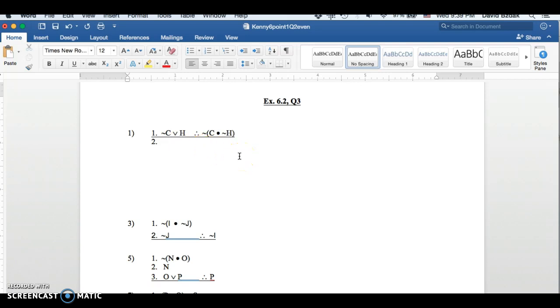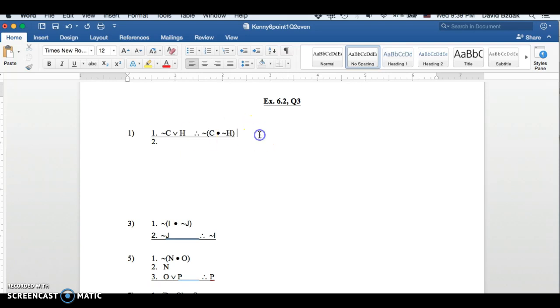Okay, so number one gives us one premise, not C or H, and we're asked to derive the conclusion not (C and not H). All right. So if you look at the substitution rules, the most likely culprit here is going to be De Morgan's.